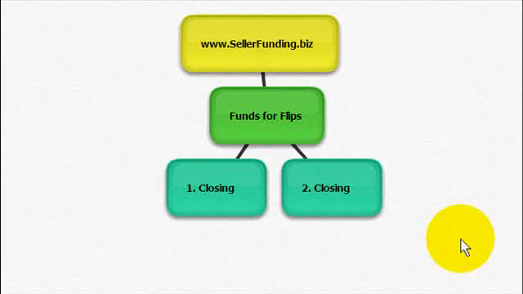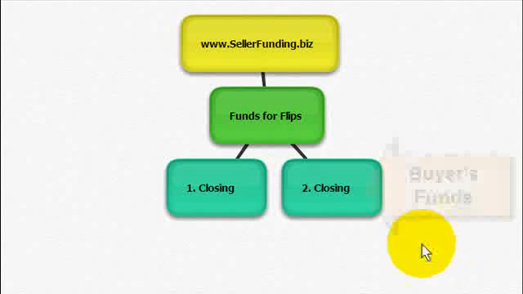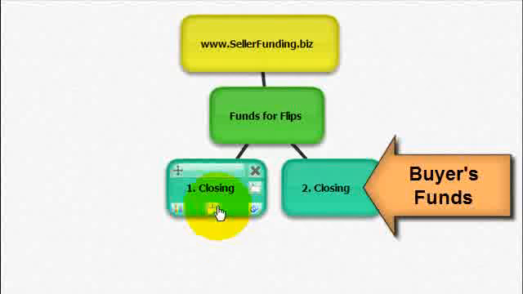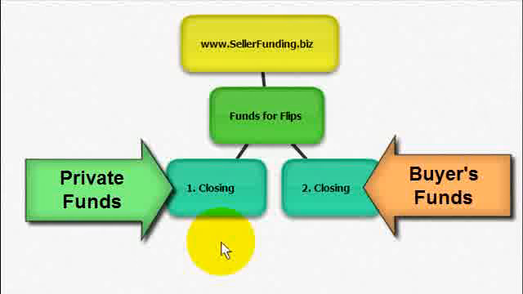The problem is that in that case, you cannot use the funds that are coming from your end buyer and their financing to fund your first closing with the seller. So instead, you will fund the first closing with these funds for flips. Once the second transaction closes, the funds for flips get paid off.